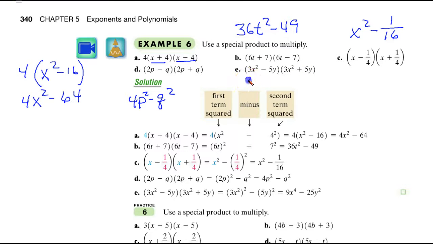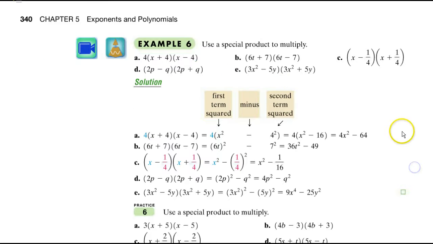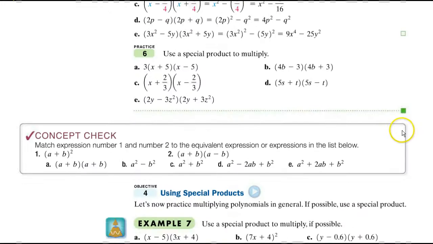Yes. So it's going to be 9x to the fourth minus 25y squared. And remember, these are the difference of perfect squares. They will factor into their conjugates. Okay? And you'll have plenty of practice. And you can expect this on your test.